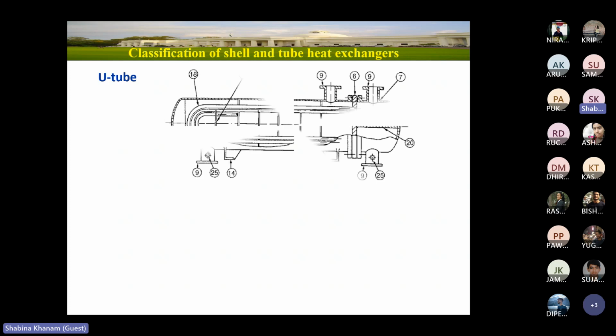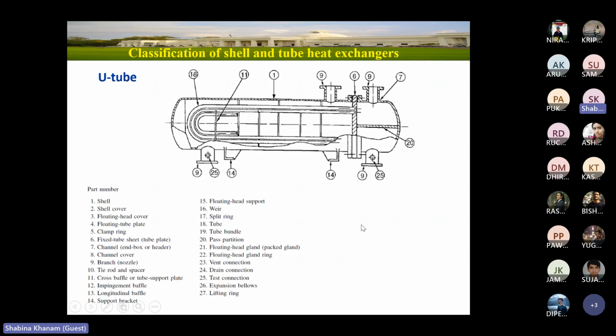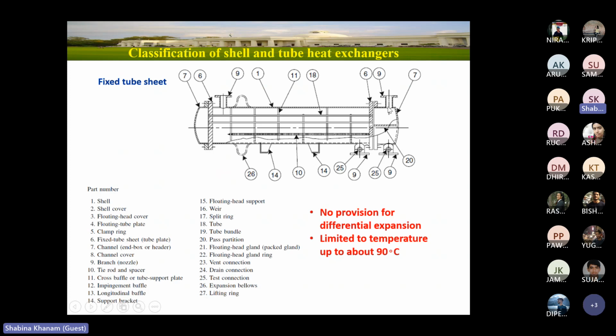So when I'm considering this U tube heat exchanger, this is a U tube type, or we can say the hairpin type. All tubes are of U shape, and in that case we have only one tube sheet. If you see the fixed tube sheet, there I have a tube sheet here as well as here, both ways.